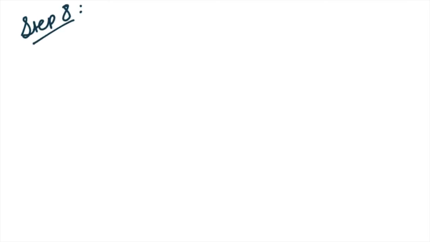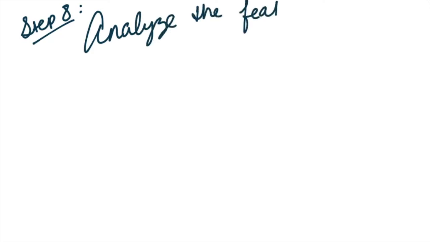Okay, then we go to step 8. This is when you're going to analyze the features of the laws. And right now you're just analyzing the features of the sample of laws that you pulled. What do I mean by analyzing the features? Well, you're going to start to look for patterns.